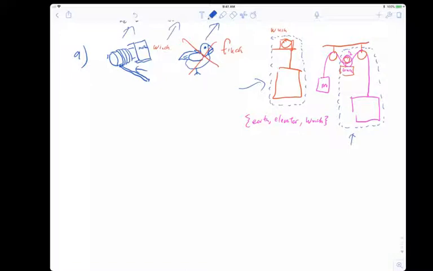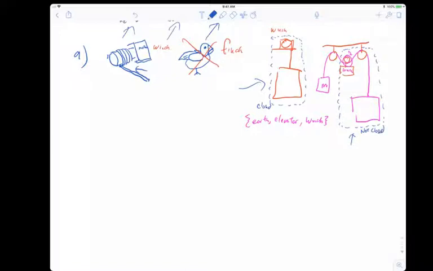In which case is the change in the gravitational potential energy of the Earth elevator winch system lower? I think this is a closed system. And this is a not closed system.